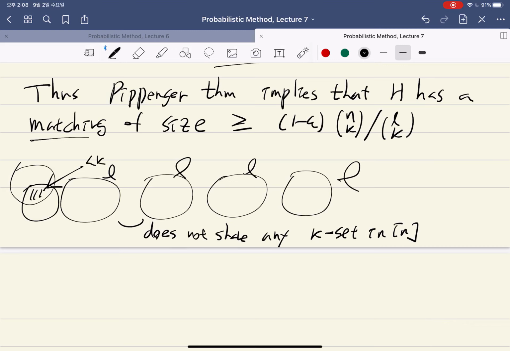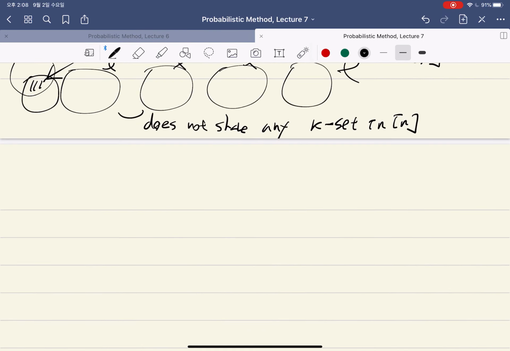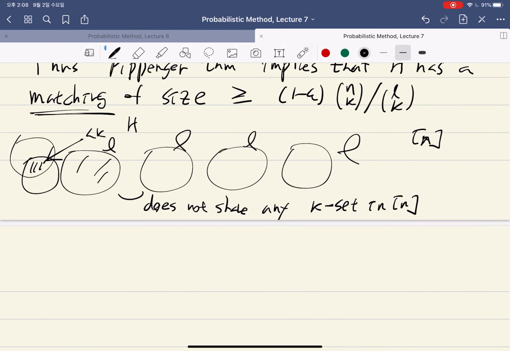They are still disjoint in H, but in [n] they could intersect because this is a matching in H. So each of them is a copy of Kl in Kn.